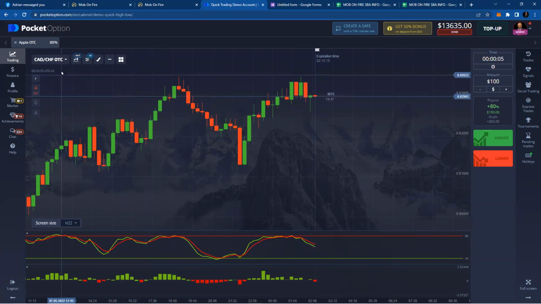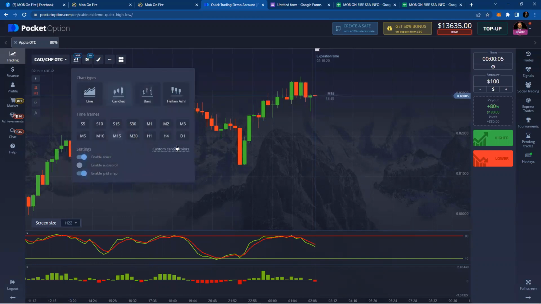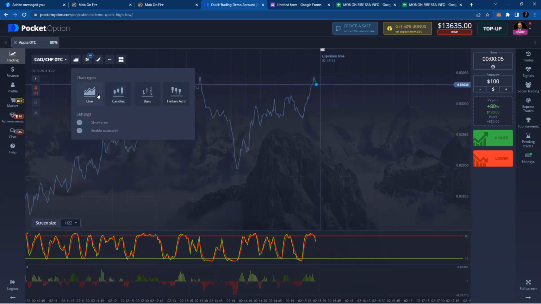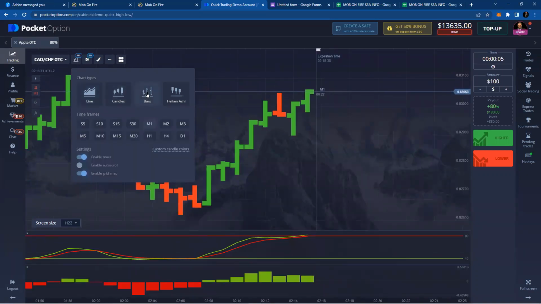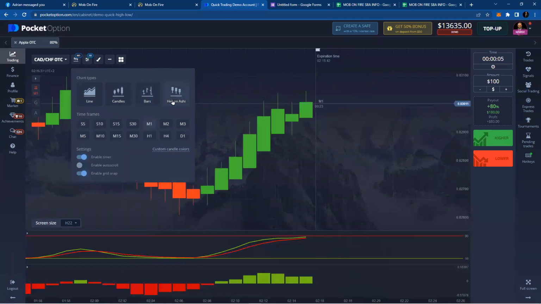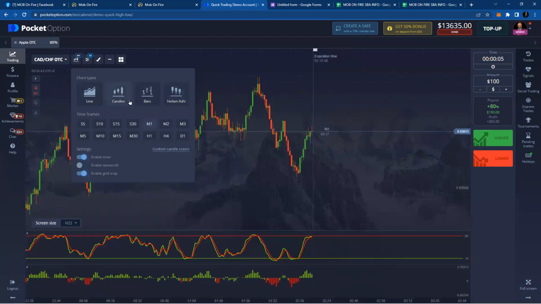Okay. Over here next is where you're going to control what your representation is going to be on the screen. I have it right now set up for candles, but I can go ahead and go line, and it's going to be different. I can go bars, and it's going to be different. I can go Japanese candles, which are different. But I prefer the regular candles.